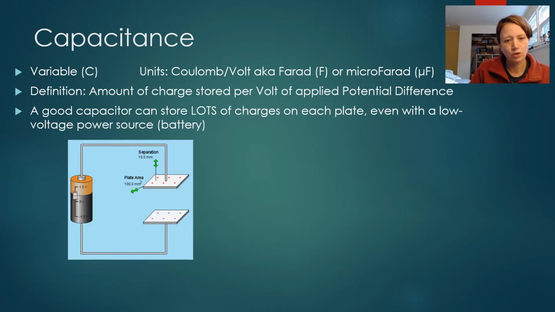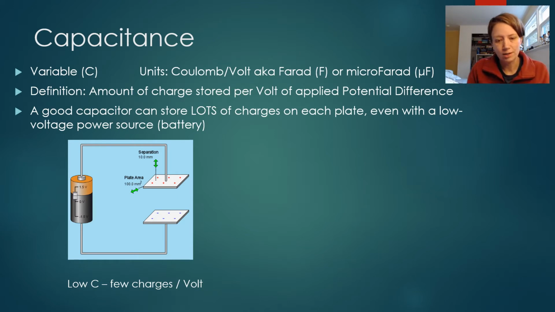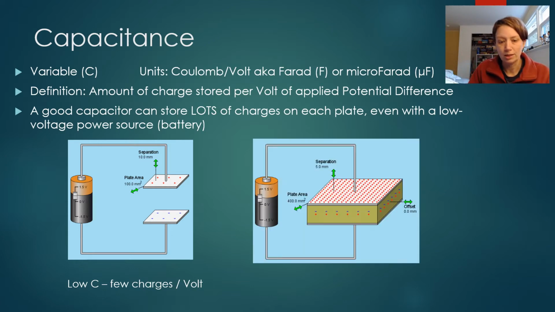Here is a screenshot from a PhET simulation about capacitors showing I have two parallel plates attached to a battery, and this is a pretty bad capacitor because it only stores a few electrons on that bottom plate and leaves a few protons on the top plate, so it's really not storing up very much electrical energy, and it's not pumping a lot of charges from one plate to the other.